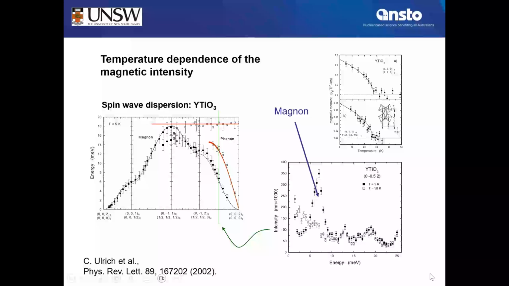And only one of the peaks disappears, the first peak, and that must be the magnon. The other 2 are the acoustic and optical phonon mode. So that's a simple trick, one of the 3 tricks. We applied that here, and I hope that all of you are convinced about that.